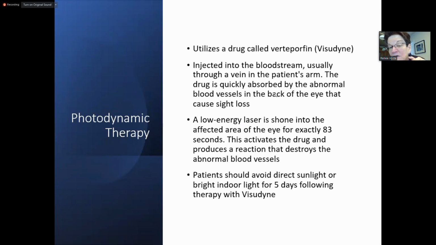What they do is they shoot a low energy laser into that affected area of the eye for exactly 83 seconds. And what it does is it activates the drug and it destroys those abnormal blood vessels by coagulating them.